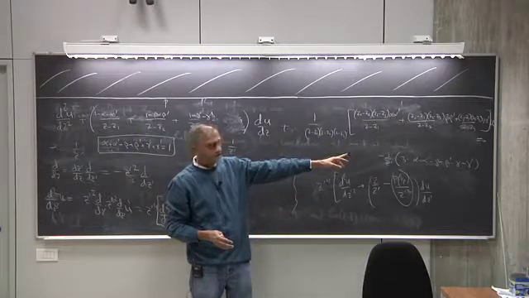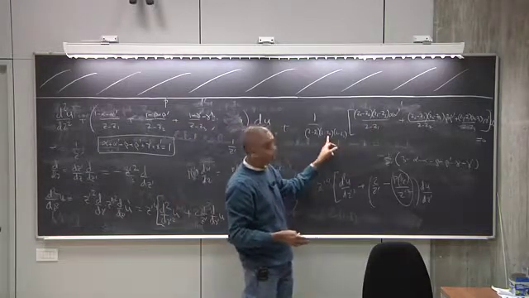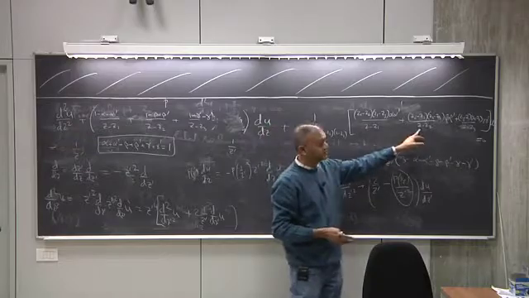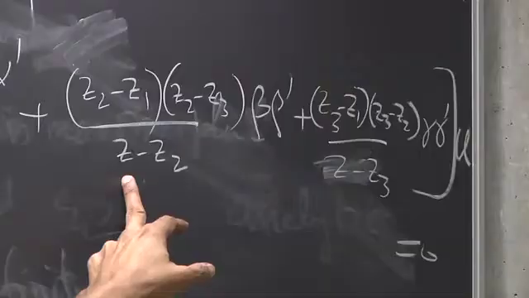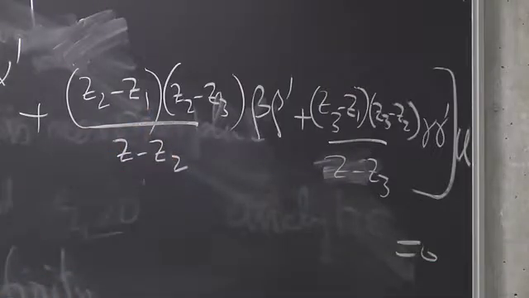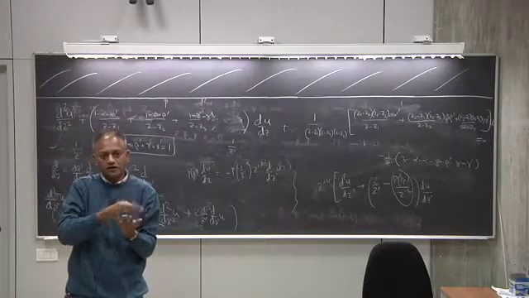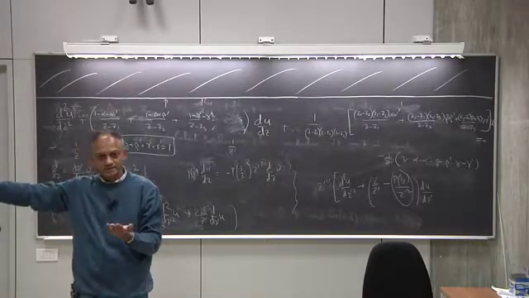Actually, it's not just a second order pole; you have to expand. The important point is the Laurent expansion around each of z1, z2 and z3 can at worst have a second order pole and then a first order pole, then regular pieces.